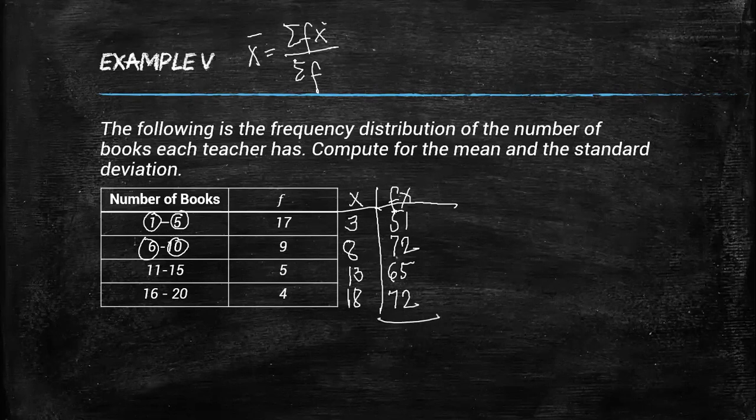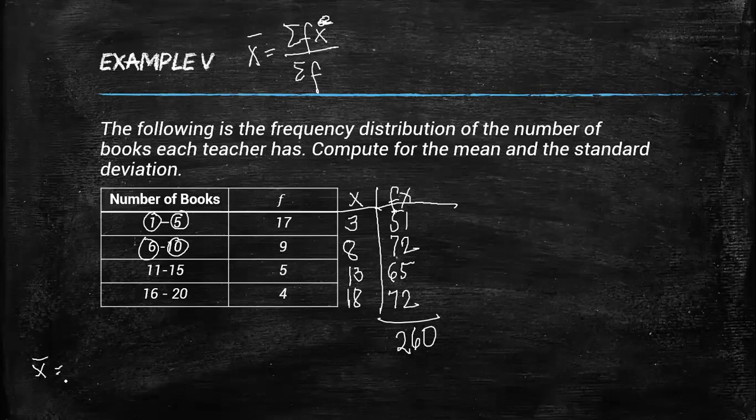I-add. Kasi summation of Fx yung kailangan sa formula. Nakita nyo naman, di ba yan? So, 51 plus 72 plus 65 plus 72. The answer is 260. Tama ba? O, 260. Ngayon, class, yan na yung ating kukunin.